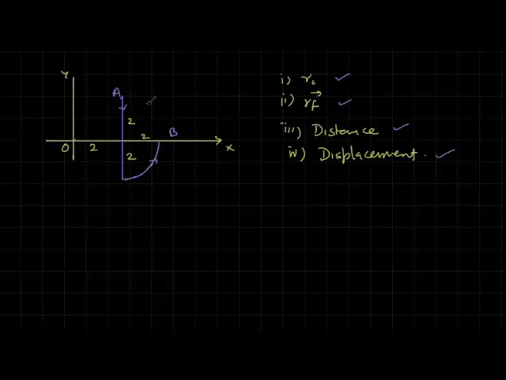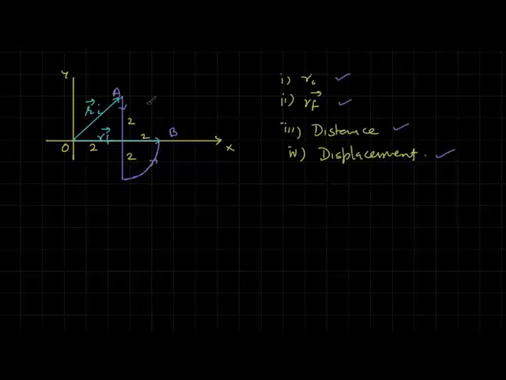So in this case, the Ri is when we just connect the origin to where it starts. This is the RA vector. Rf is again the line joining the final position to the origin.